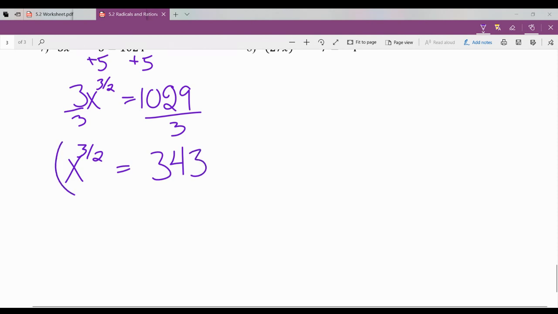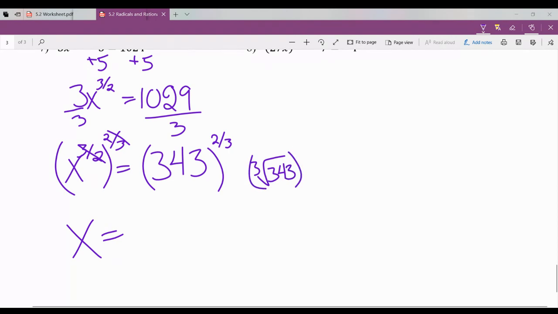And then I raise both sides to the reciprocal, 2/3. And this goes in the exponent because the 3/2 is in the exponent. x is going to equal, now remember it's power over root, so we've got the cube root of 343 squared. The cube root of 343 is 7, squared, 49.